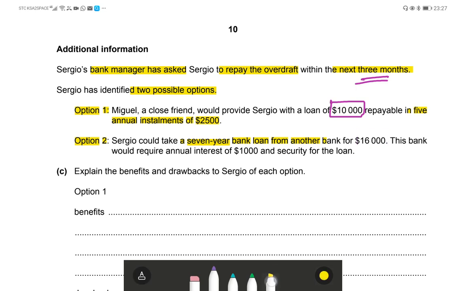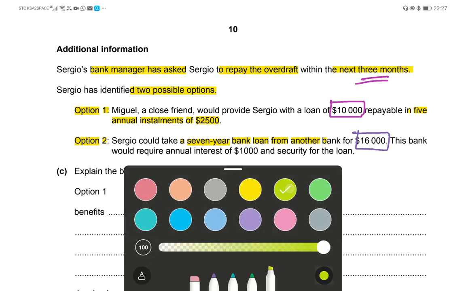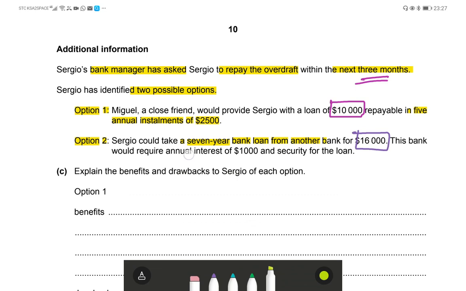When he takes the money from his friend, no need for any interest. But the bank wants interest and security for the loan. So what is the question? The question is, explain the benefits and drawbacks to Sergio of each option.